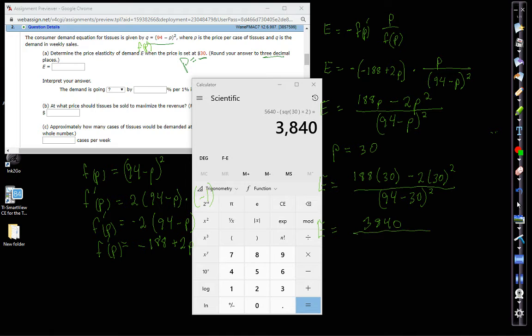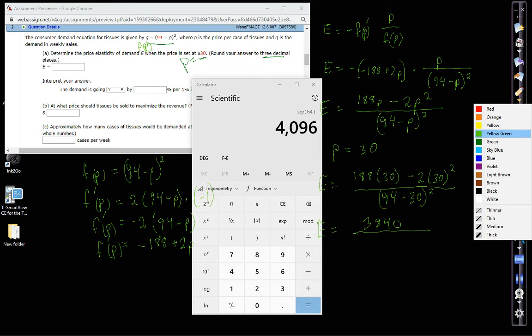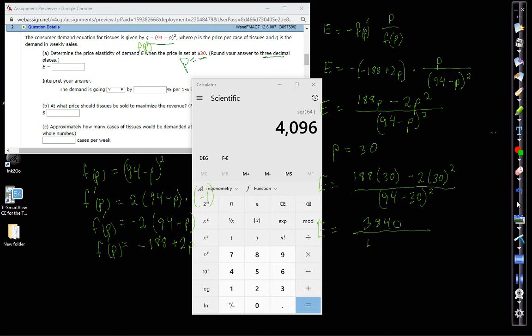And then now just calculate the bottom. 94 minus 30 is 64. 64 squared is all we need to calculate. 64 squared is 4,096.